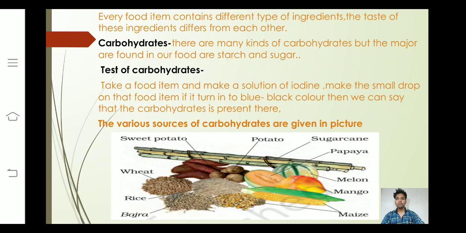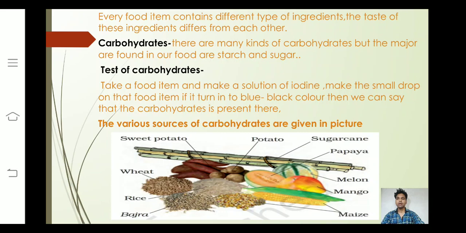If the food color becomes blue or black, then we can conclude that the particular food contains carbohydrate.